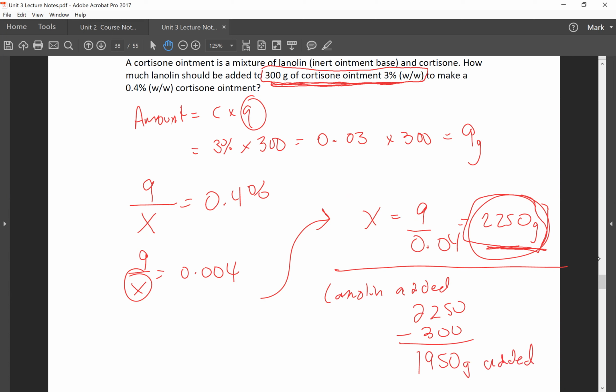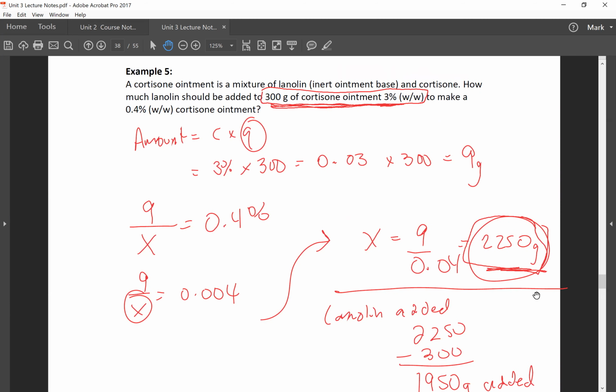Grams of lanolin added. Okay, so let's look at where this answer comes from. It says a cortisone ointment is a mixture of lanolin and cortisone. How much lanolin do we need to add to 300 grams of this ointment? We're trying to make a 0.4% solution.